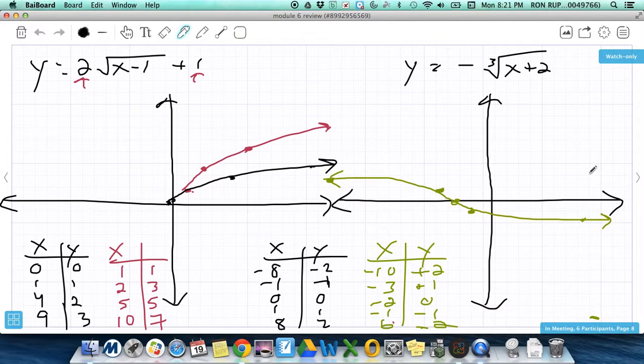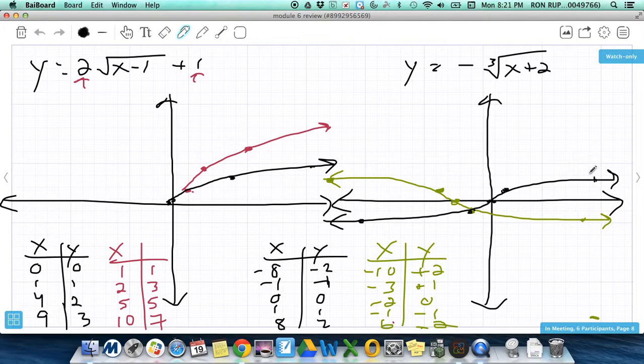And recall that the parent function of the cube was -8, -2, -1, -1, 0, 0, 1, 1, and 8, 2. So that's the parent function. You'll notice it didn't stretch or shrink, but it did flip.